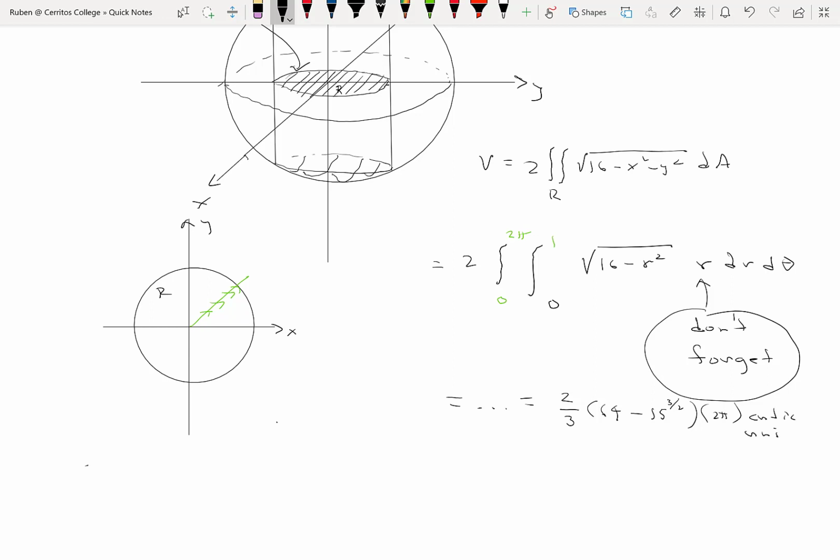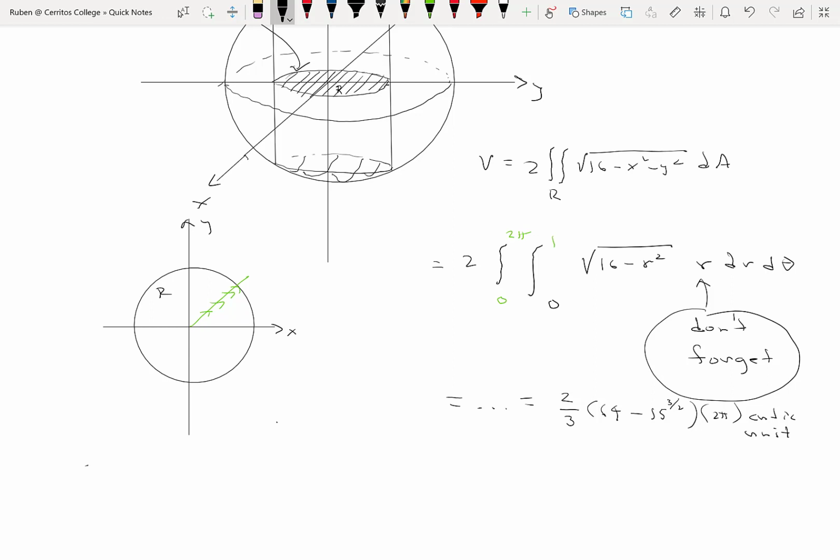The most important thing, and you've discovered this, I hope, by doing some homework problems on this double integral business, the most important thing and the most difficult thing is setting up the actual integrals that give you your volume and such.